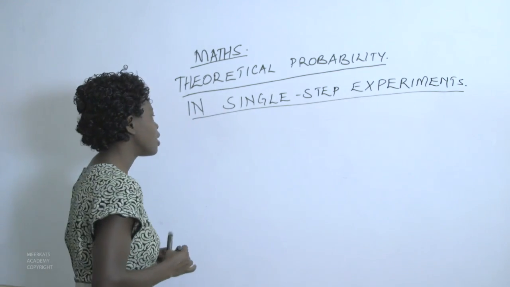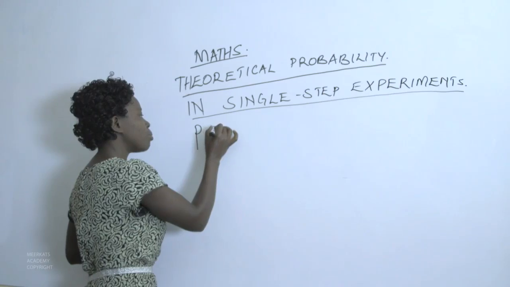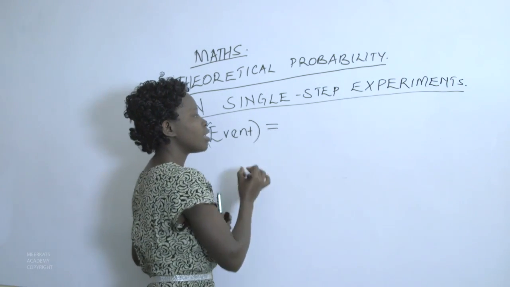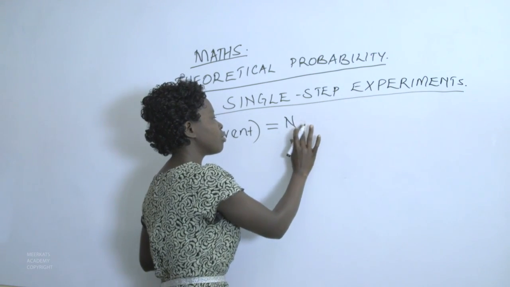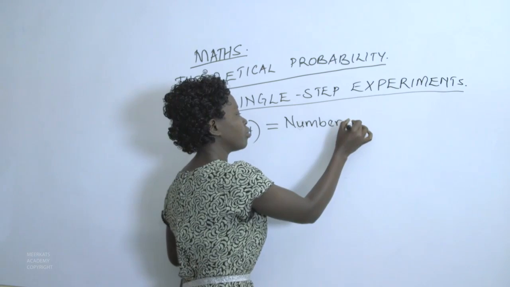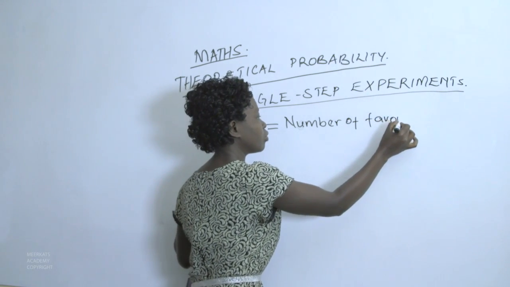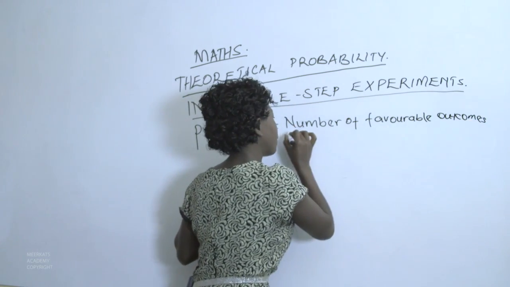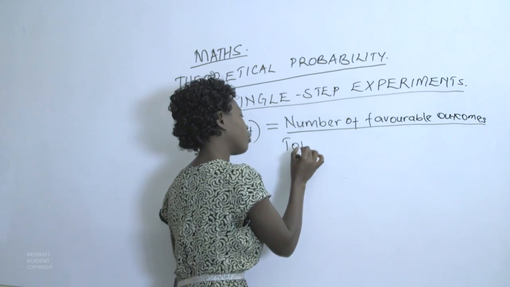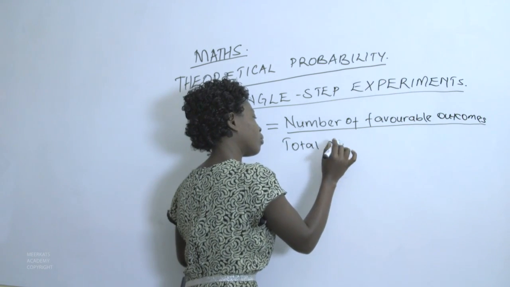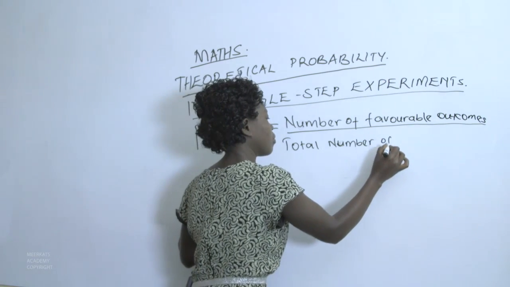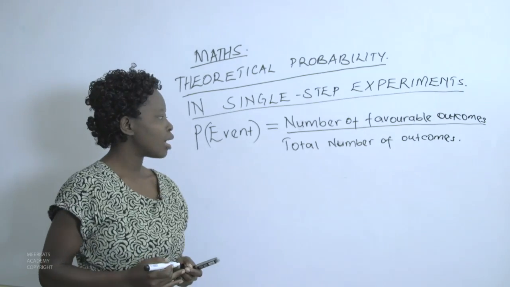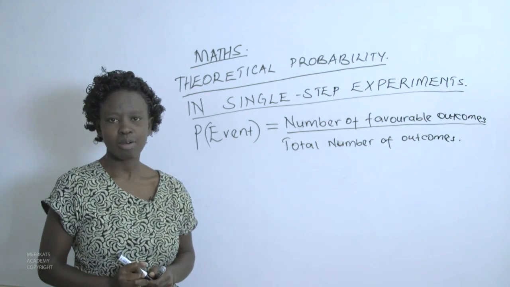But it is important to note that in theoretical probability, the probability of an event happening is given by the number of favorable outcomes over the total number of outcomes.